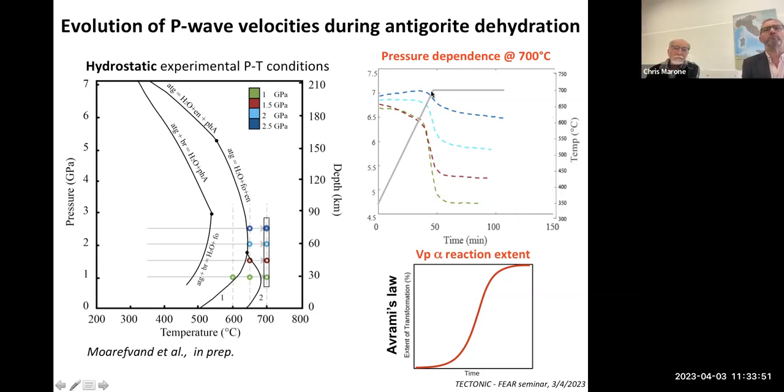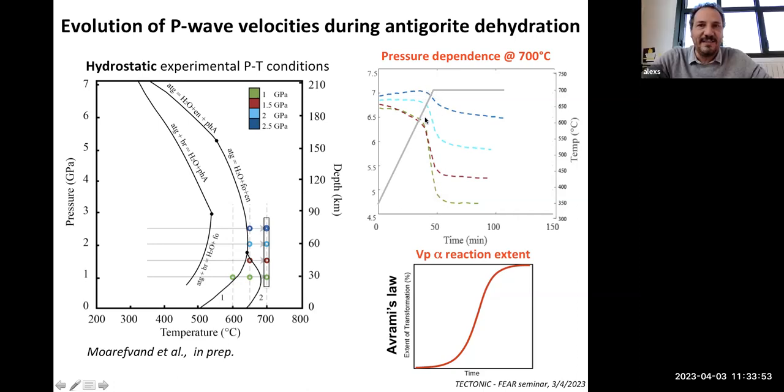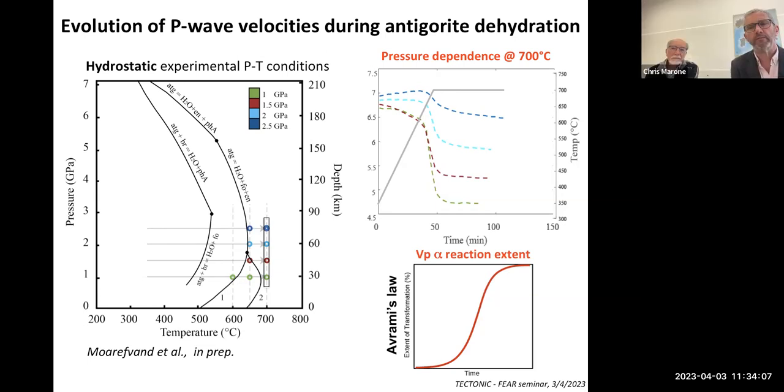And this is not due to the amount of reaction. The reaction extent was almost the same in these experiments, but this is just due to the fact that water becomes so dense at 2.5 GPa that basically it doesn't slow down the waves anymore. I mean, not as much. I see.